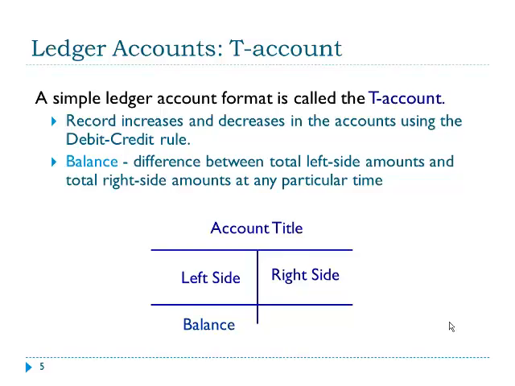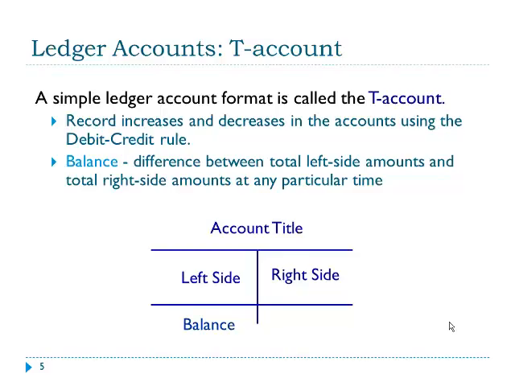Ledgers don't just have the individual information from journal entries, but they also provide a balance. That is, summing up all of the increases and all of the decreases to that account. Where does it stand at any particular point in time? The balances are found by adding up all of the left side amounts and adding up all of the right side amounts, and then putting the difference between the two on the side that's larger.